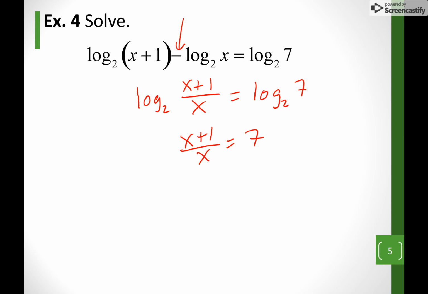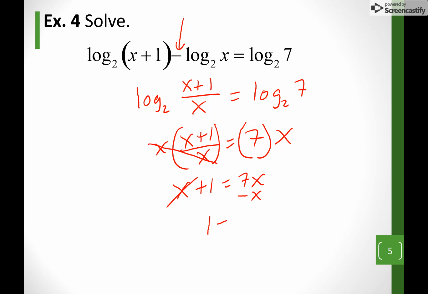Let me get rid of fractions. I'm going to multiply both sides by x just to get rid of the fraction here. So I get that x plus 1 is equal to 7x. Let me subtract 1x. So I get that 1 is equal to 6x. X is equal to 1 over 6.